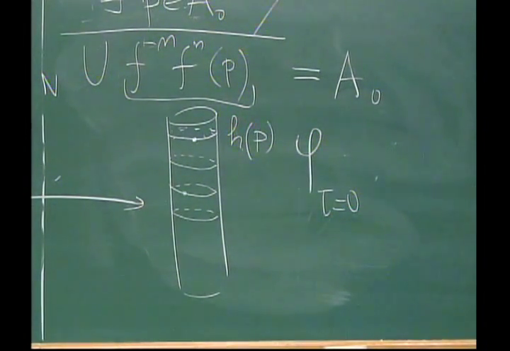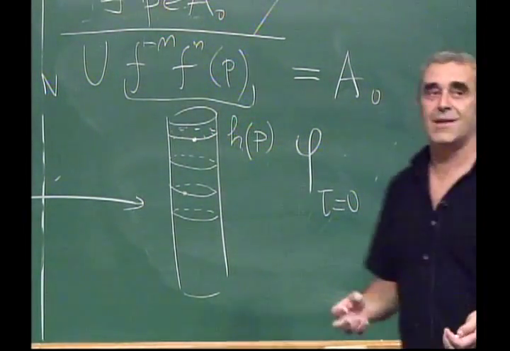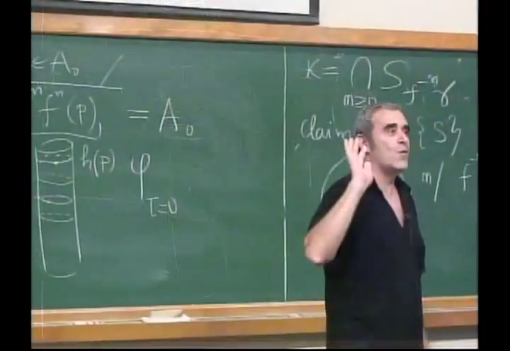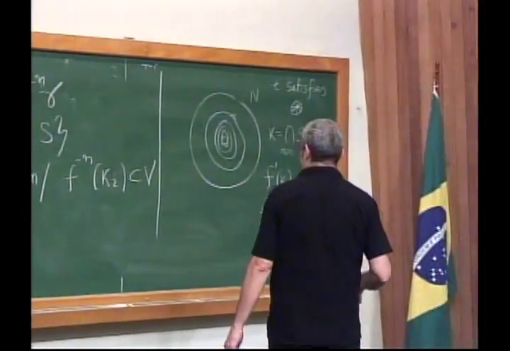What can we do? We must understand semi-conjugacies with the map in S1. That's the way we can classify, or hope to classify, the dynamics.